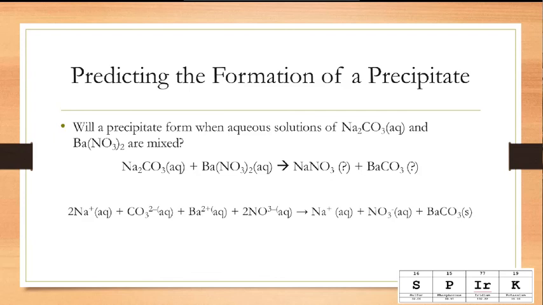So here we have our ionic equation, and now we need to identify our spectator ions. So we have sodium and the sodium, and we have our nitrates crossing out, and these should be balanced out.